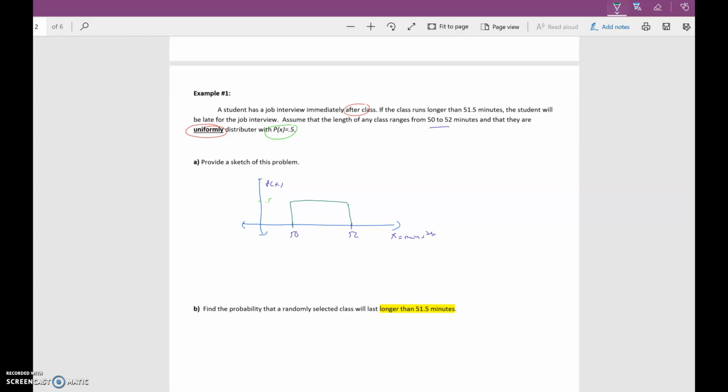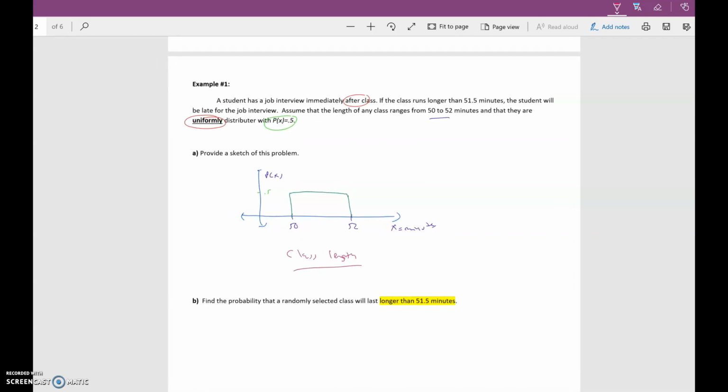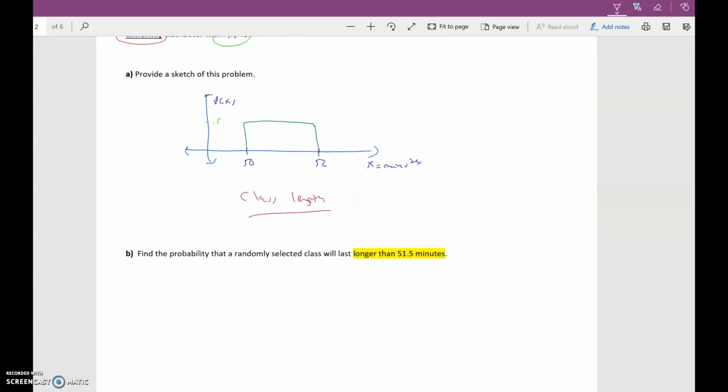The title of this one will be class length. And that is the sketch of the distribution. As long as you have the units, P of x always goes along the y-axis. That would be it for that one.